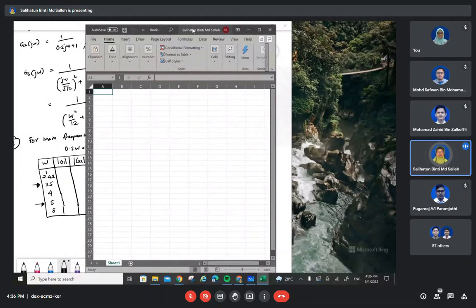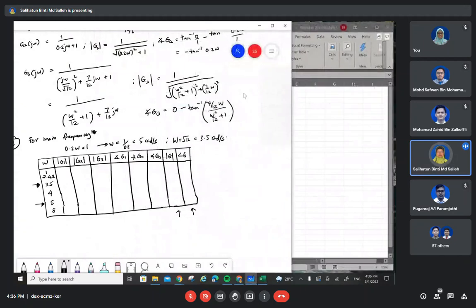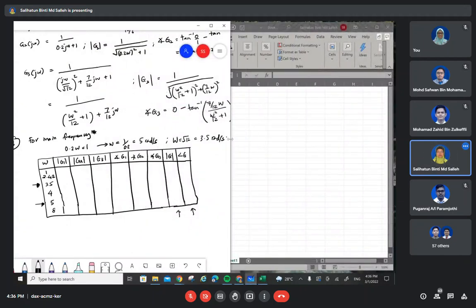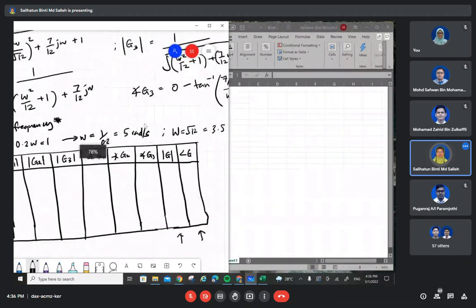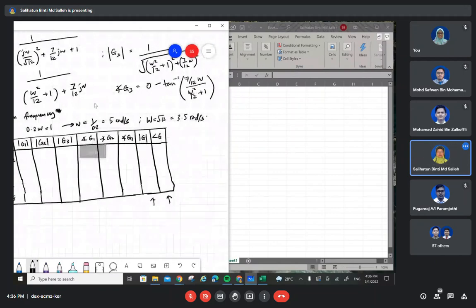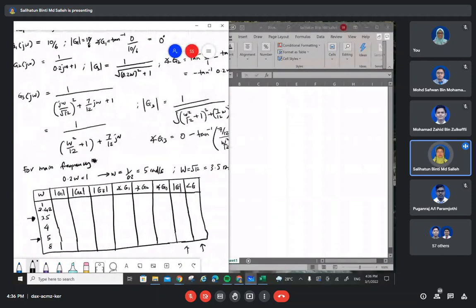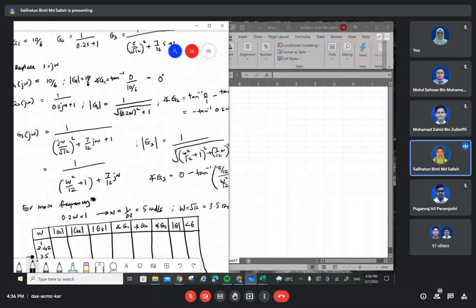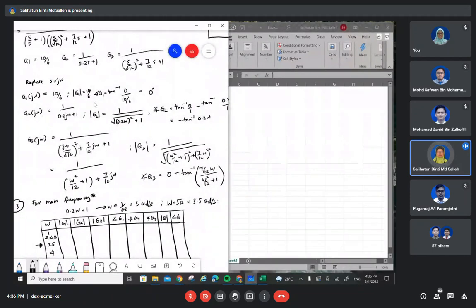Here is our Excel, and we use the same formula here. What is our G? Magnitude G1. Here, 10/6.